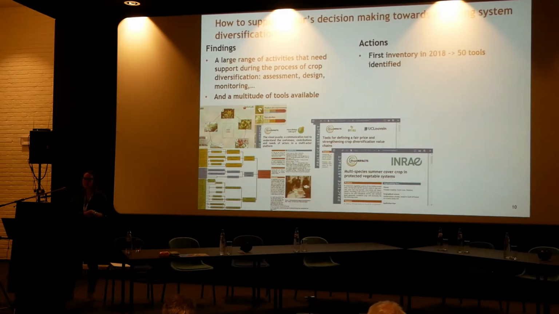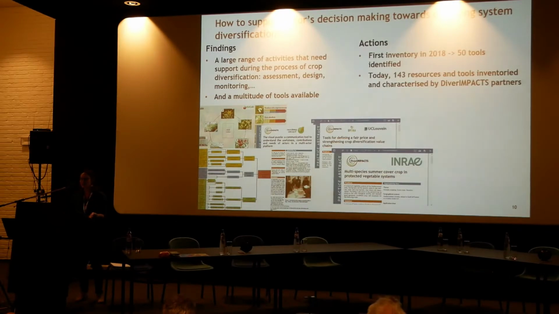And so through the work in the project, but also in other projects, for example the crop diversification cluster, we identified other kinds of resources that are needed to foster crop diversification.